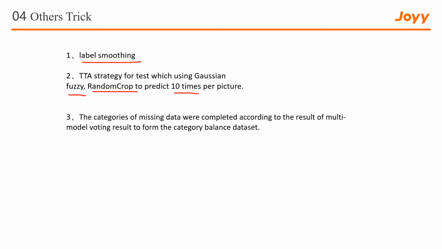The categories of missing data in V2 were completed according to the multi-model voting results to form the category balanced dataset. We do this as follows. First of all, for each class, if the number of images in V1 is less than 30, then all images predicted as this class will be returned, and for the other classes the top 50 will be selected according to the confidence.